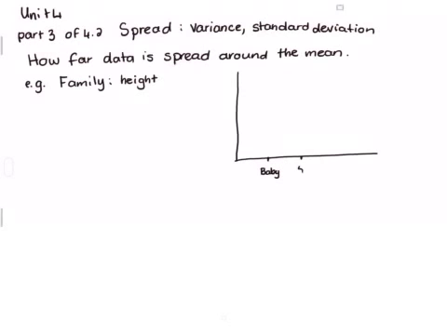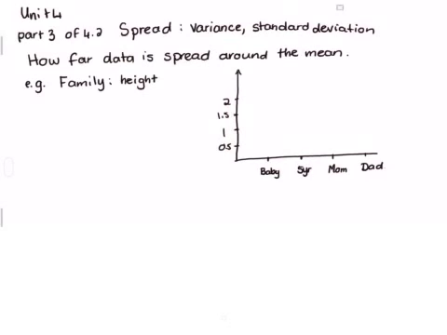We're going to have a 5-year-old. We're going to have mom and dad. And I'm going up in half meters. So 0.5, 1, 1.5, 2.